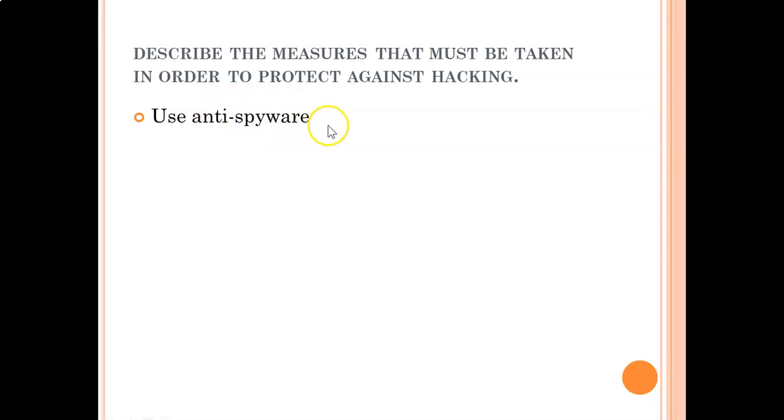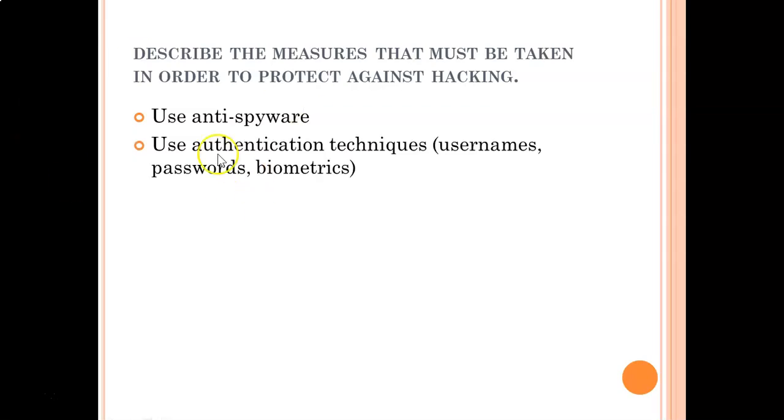Remember, spyware monitors what users do on their computers, sometimes via key logging software. Use authentication techniques, so have usernames, passwords, biometrics, and use a firewall. A firewall is able to block suspicious activity on a user's computer. We'll see what a firewall is near the end of this video.